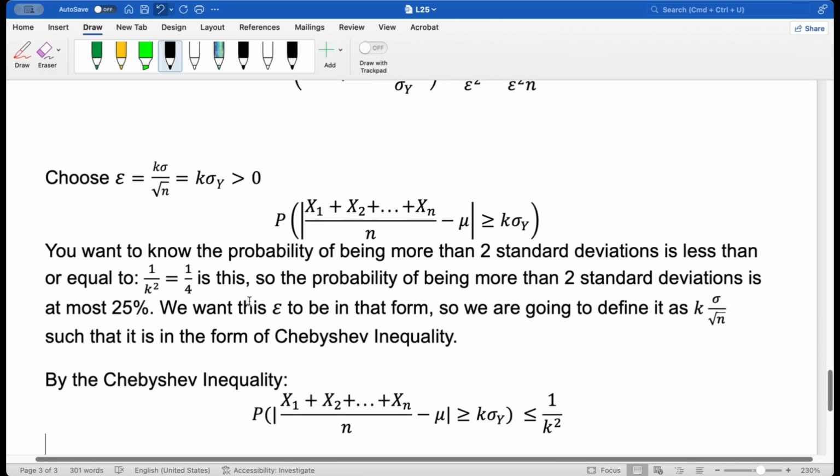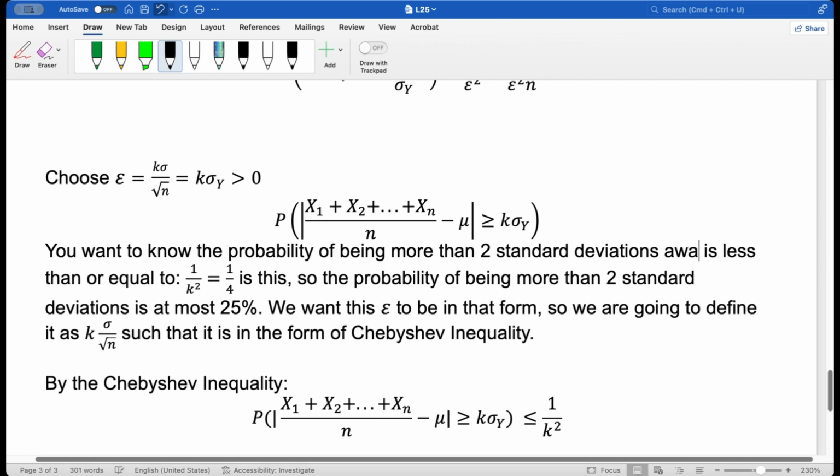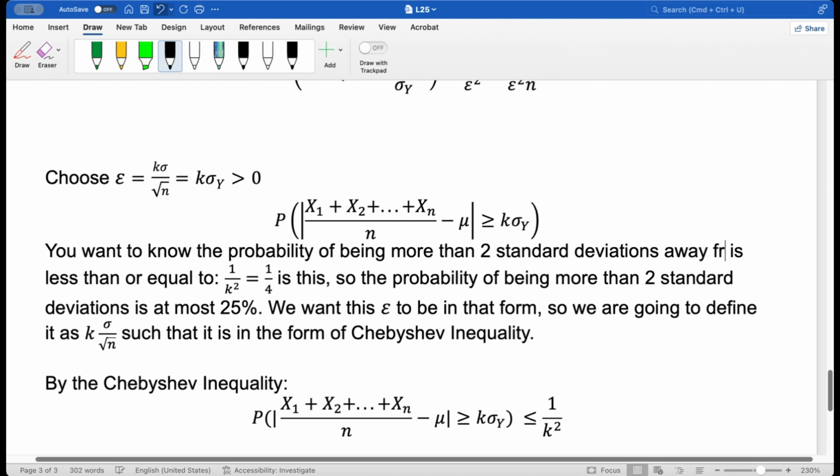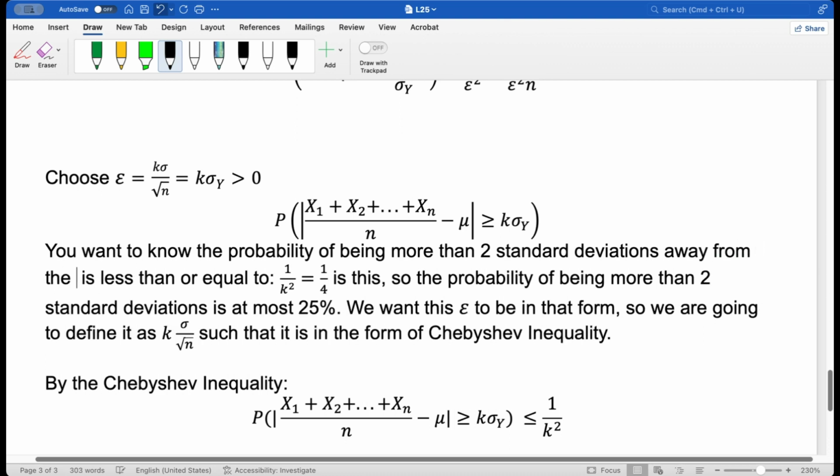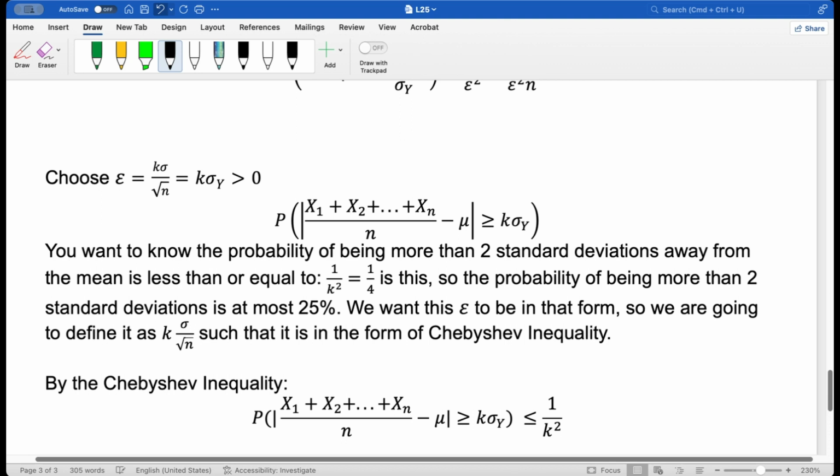Here we just have a specific example that if you want to know the probability of being more than 2 standard deviations away from the mean, so the probability of being more than 2 standard deviations away from the mean is less than or equal to 1 over k squared, 1/4.